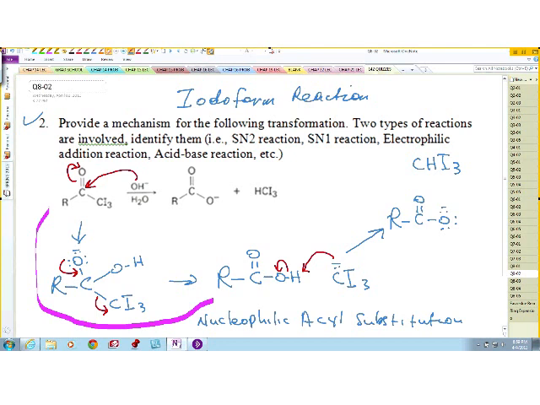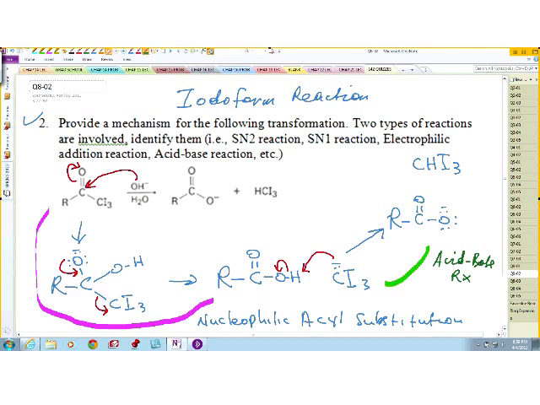Okay, and then we have the second reaction, the acid-base reaction. Just a straight acid-base reaction right here. Do you have a question?